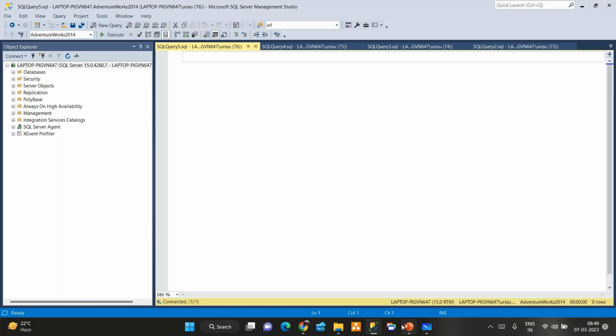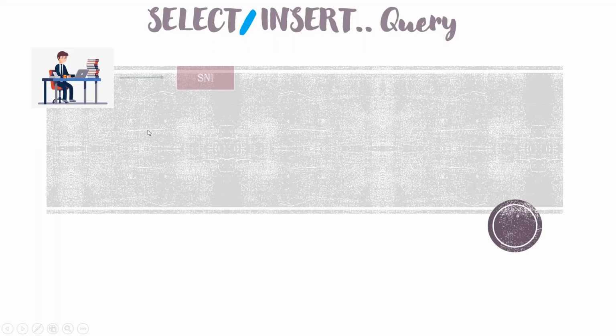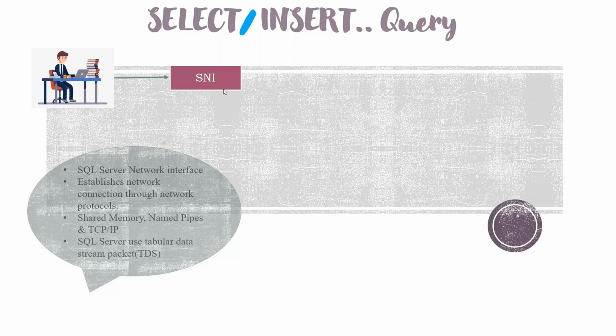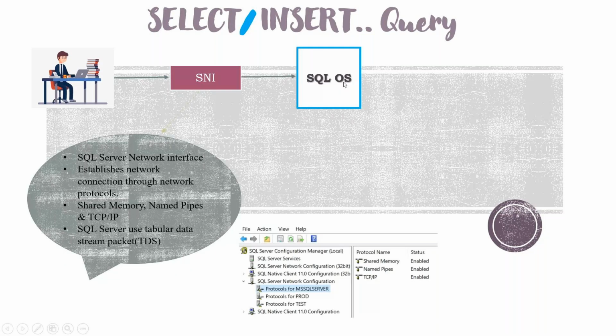Once you try to interact with the server, it will connect to the SQL OS. SQL OS is nothing but an additional top layer that can interact with your operating system. Only SQL OS has the capability to interact with the operating system, not your database engine.